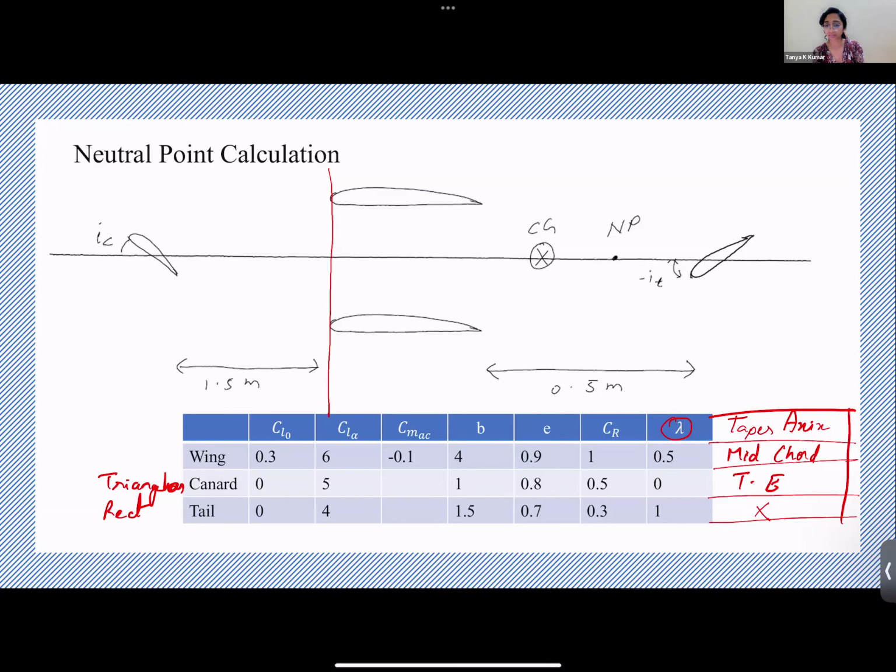Canard? Symmetric. So your CMAC value, this is empty here. What is CMAC? Both canard and tail are symmetric. So what is the CMAC value? 0. Perfect. Now let's move on and try to find this X bar NP.